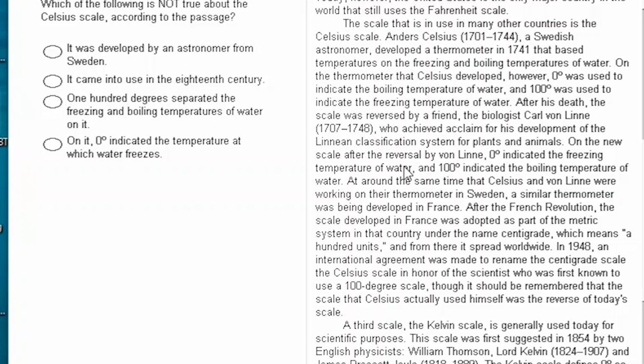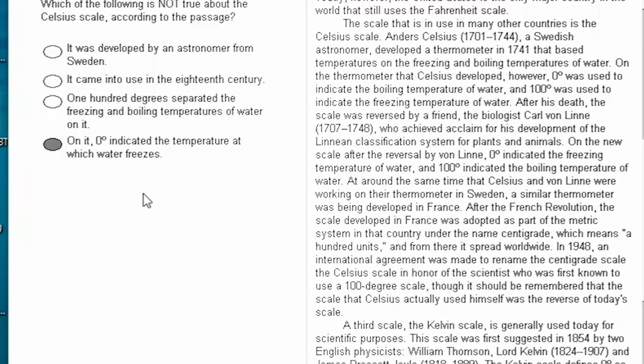Now, I think here the answer should be B, because I don't have any information about that. The answer could also be between those two. Why this one? Because when they say indicated, it's in the past, so that's before the friend reversed it.